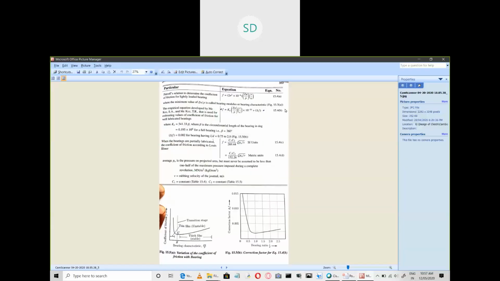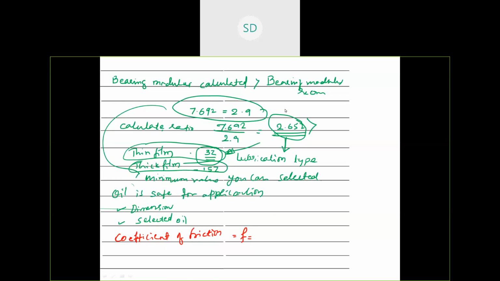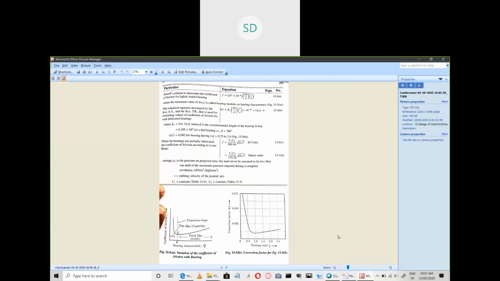So what is the equation? F equal to K Z N by P into R by C into 10 to the power of minus 10 plus delta F. Now K is a constant based on the circumferential length.